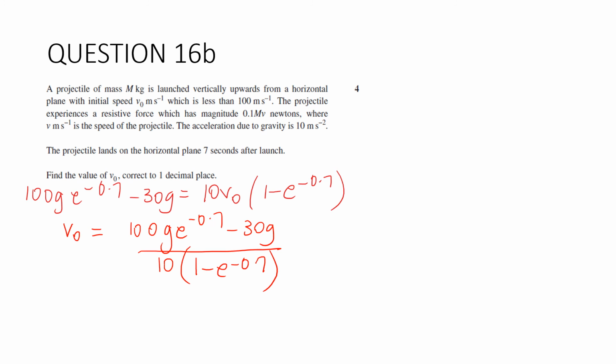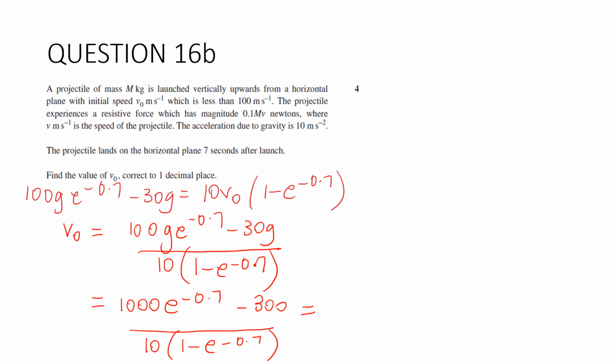And substituting in g is 10, we get 1000 e to the negative 0.7 minus 300 all over 10 (1 minus e to the negative 0.7). And we put that in the calculator, we end up with 39.05 meters per second.